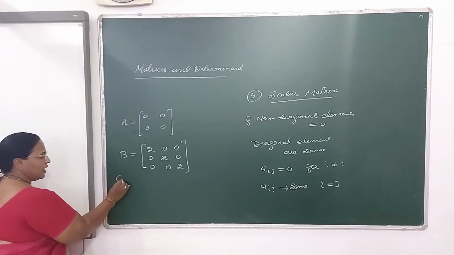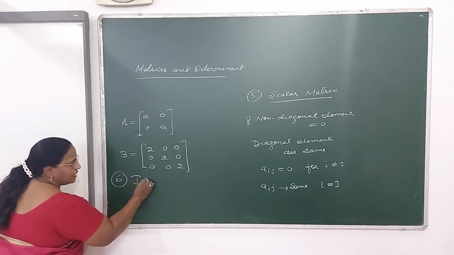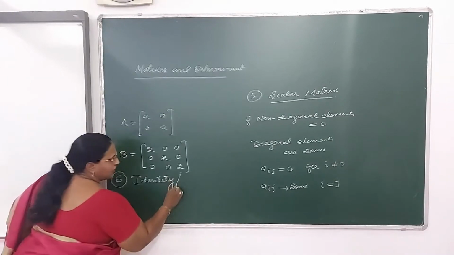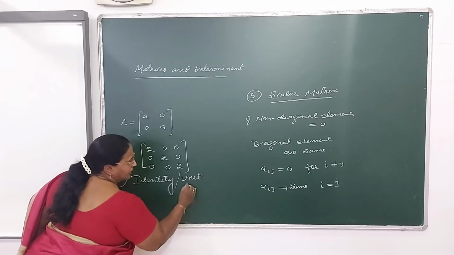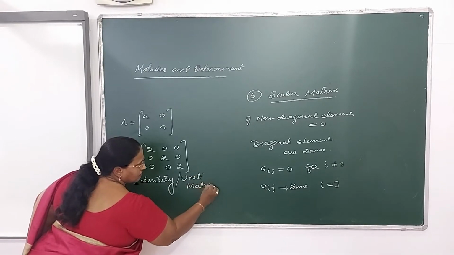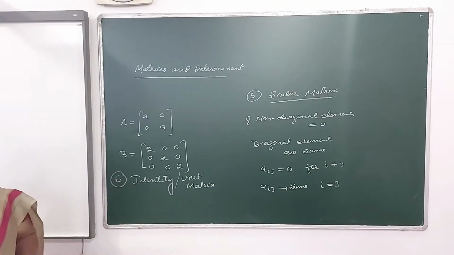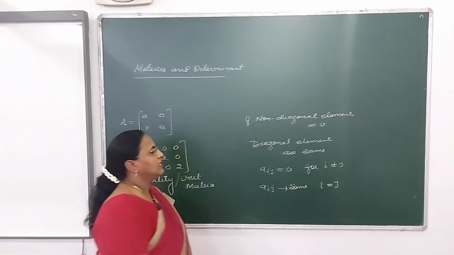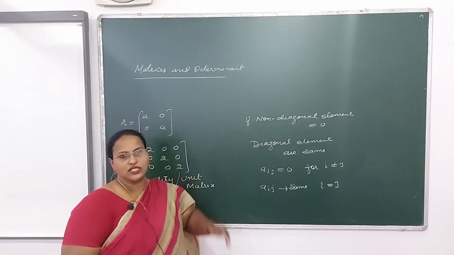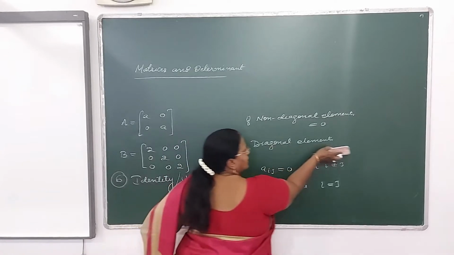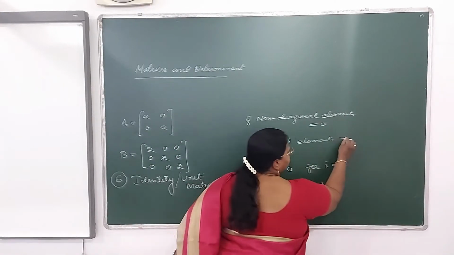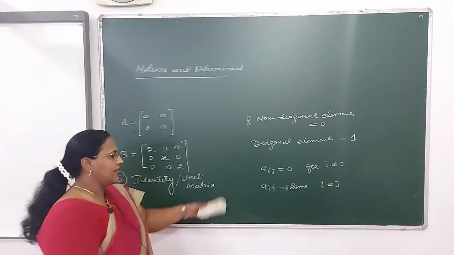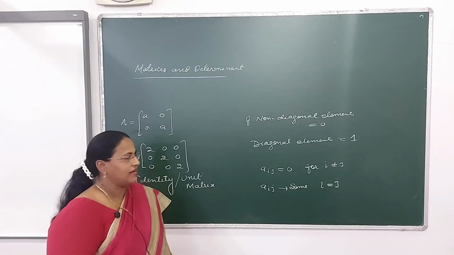Now moving to the next one, that is the identity matrix, or another name for this is the unit matrix. A little modification here will do. The things are the same here. The non-diagonal elements are 0 and the diagonal elements are equal to 1. That means unity. A little modification we have done in the scalar matrix.